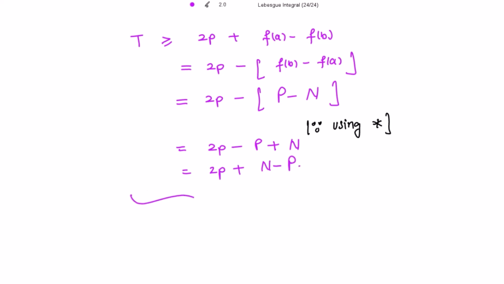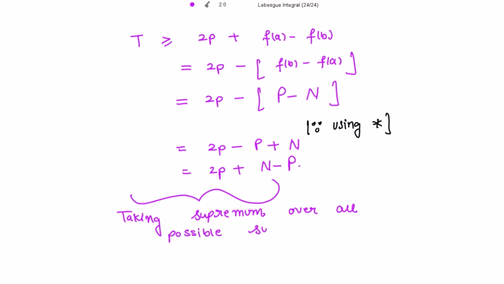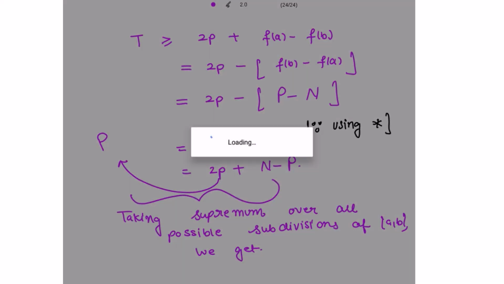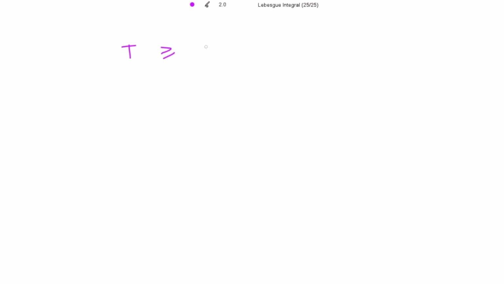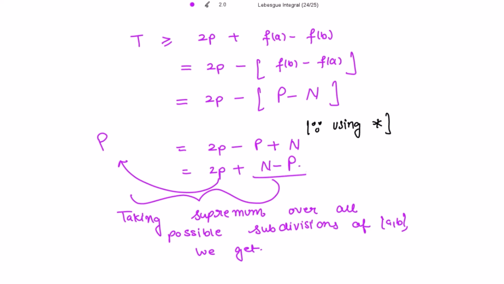And now if I take the supremum over this, that is, taking the supremum over all the possible subdivisions of closed interval [a, b], what will change now? The small p will be changed into the capital P, right? So we get T to be greater than or equal to twice of capital P plus n minus p.